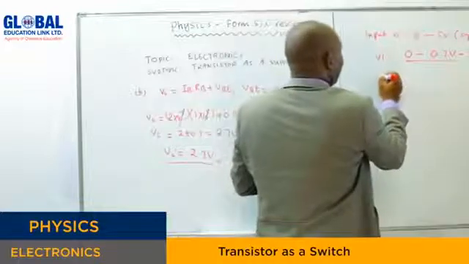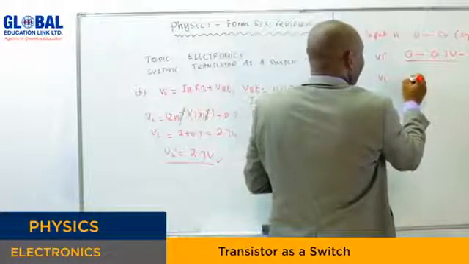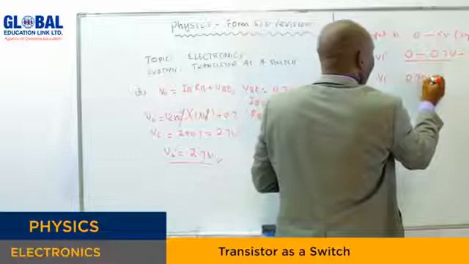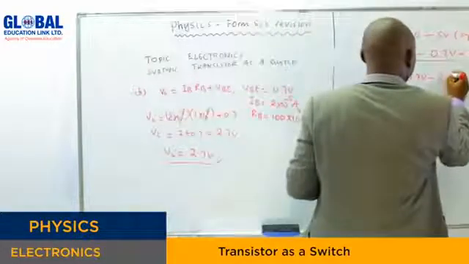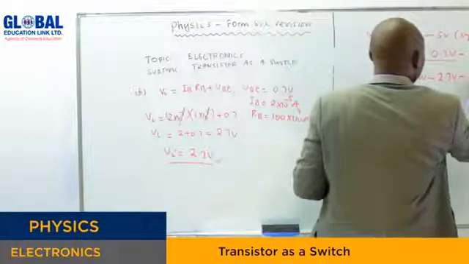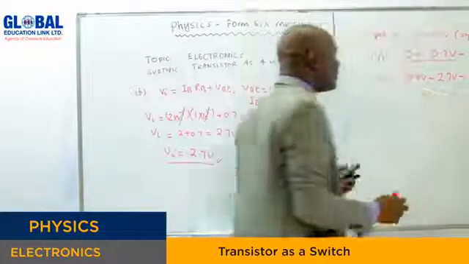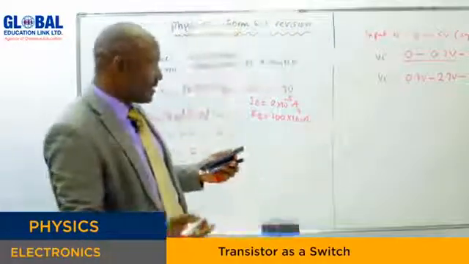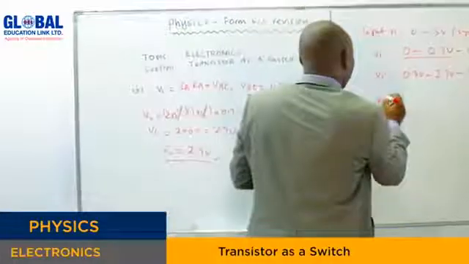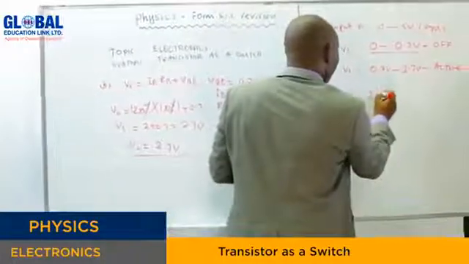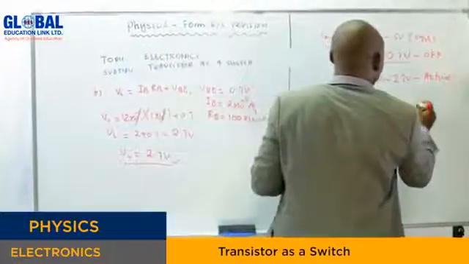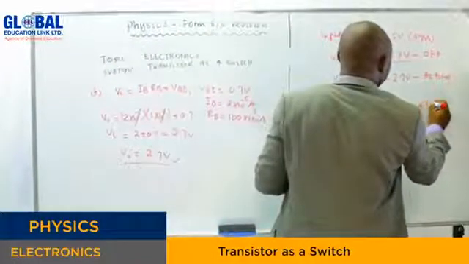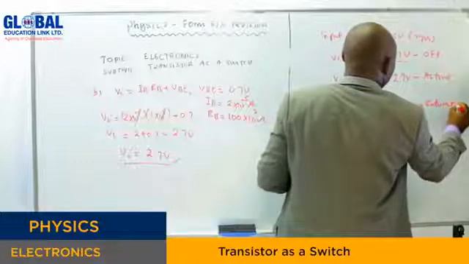And when the voltage is between 0.7 and 2.7, this is when the transistor is supposed to be in the active state. And when the voltage is from 2.7 to the maximum, that's where the transistor is supposed to be at saturation.